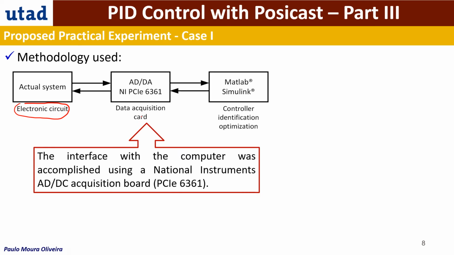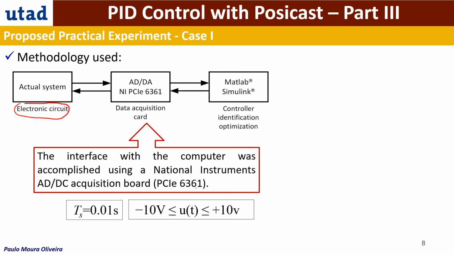This data acquisition card was the National Instruments DAQ acquisition board, the PCI E6361, and then we use that to connect to MATLAB Simulink, where you do the controller design, the system identification, and also the optimization. The sampling time used was 0.11 seconds, and we allow the control signal to vary between minus 10 volts and plus 10 volts.